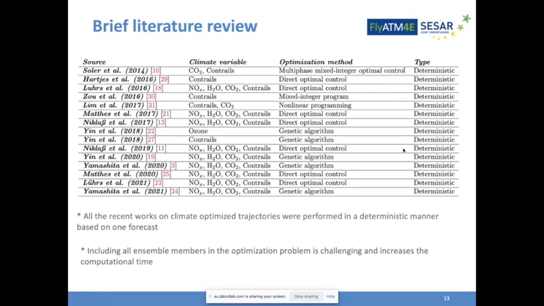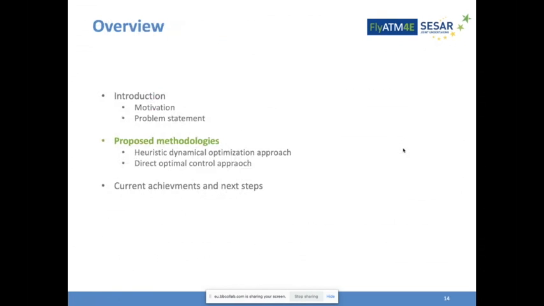So the trajectory determined based on one forecast may be unreliable or untrusted. However, it's worth mentioning that including all ensemble members, all the forecasts from EPS data, is challenging and of course increases the computational time.